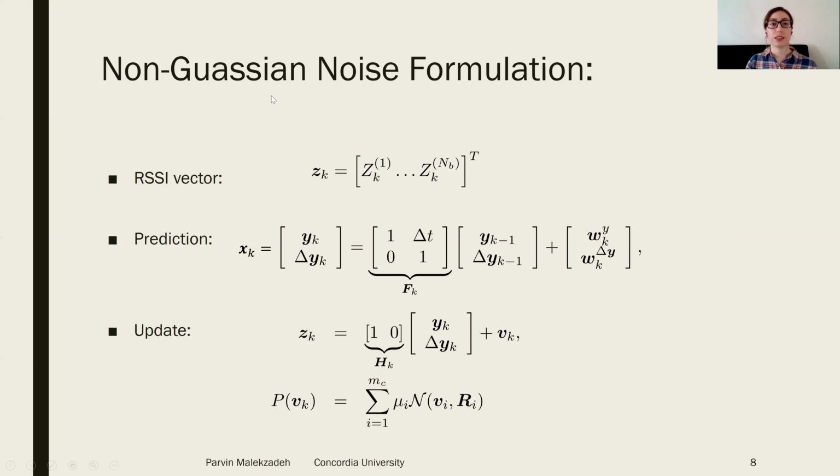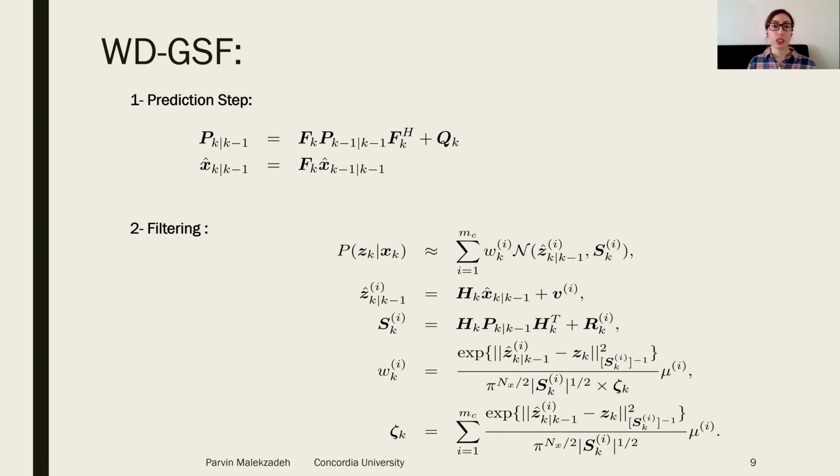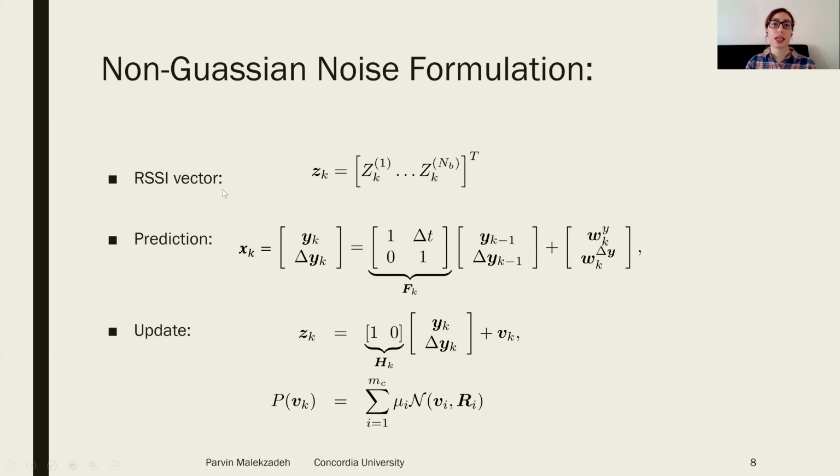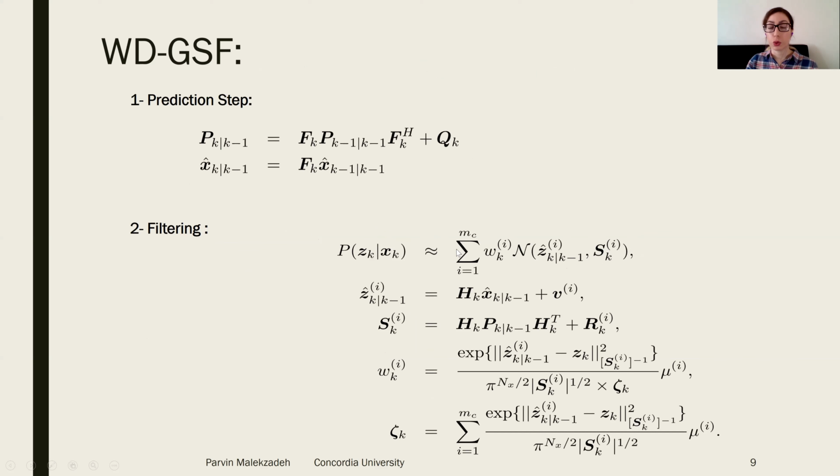Let's go to our proposed algorithm. The first step is the prediction step. Here we did this: in the previous slide we saw that XK is the noise-removed RSSI and the change rate of the RSSI. The next step is filtering because our noise was a Gaussian mixture model.